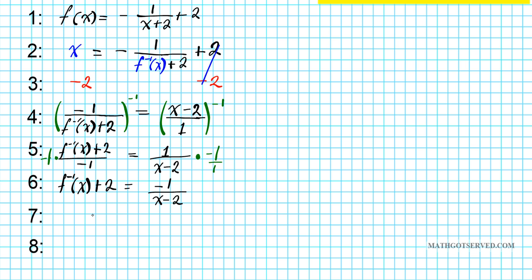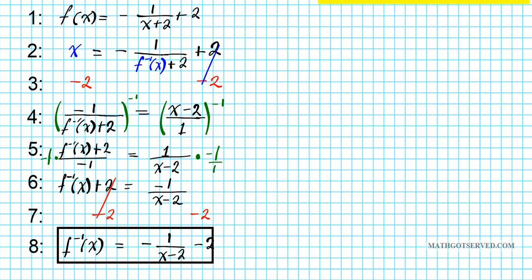We'll subtract 2, and our final answer, the inverse, will be f to the negative 1 of x equals, the plus 2 minus 2 add up to 0, so that equals negative 1 over x minus 2, minus 2. So this function is the inverse of f of x.